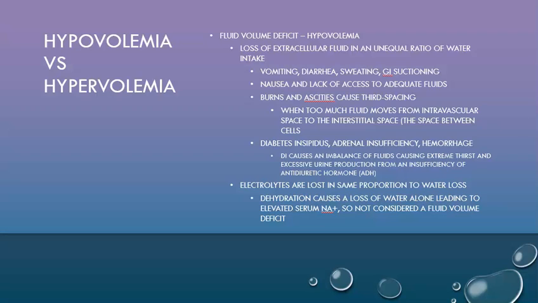Your antidiuretic hormone, which you will learn more about in our endocrine lecture later this semester, is what regulates this. Electrolytes are lost in the same proportion to water loss, and this leads to our elevated serum sodium.